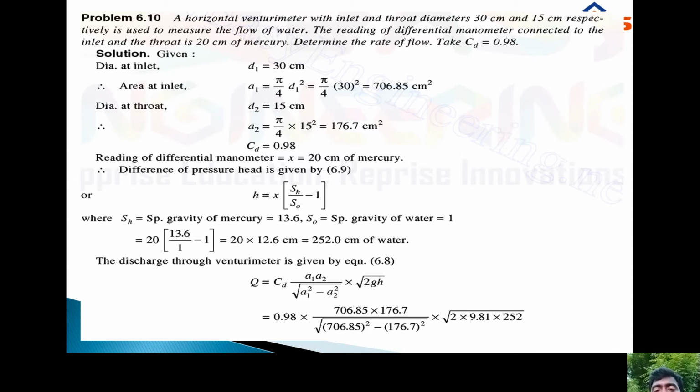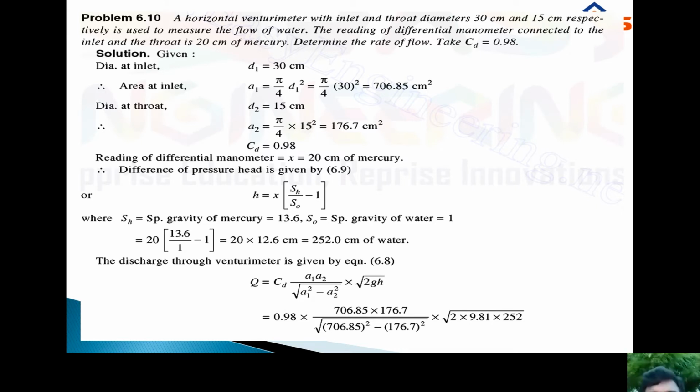A1 value is already calculated, 706.85, and A2 value is also calculated, 176.7. And 2 into G, where G is 9.81, is the constant value, and H is already calculated, 252.